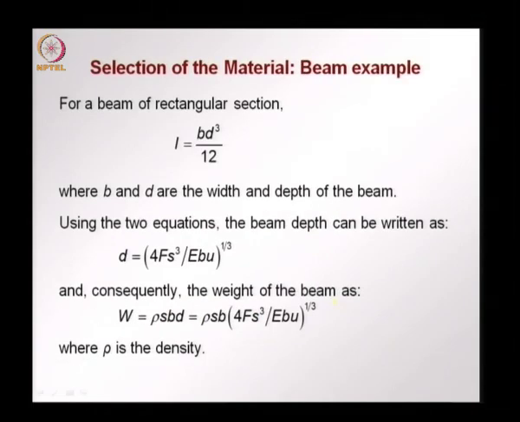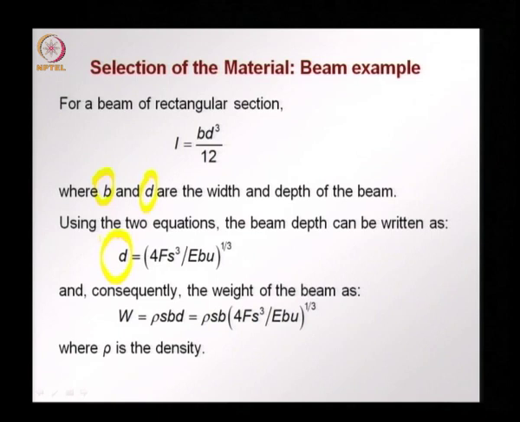Let us take a simple case of a rectangular beam where the moment of inertia is given by b d cube by 12, where b is the width of the beam and d is the depth of the beam. Using the two equations that we have looked at, we can put them together to give us the beam depth in terms of the other parameters.